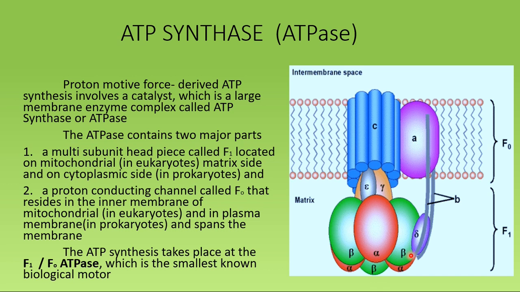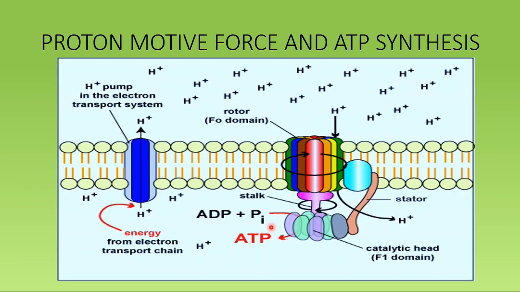Once the conformational changes occur, the B subunits allow for binding of ADP and inorganic phosphate. We know once these two combine, obviously we will get the ATP. So that's how we are going to have the conversion of ADP and inorganic phosphate to ATP.